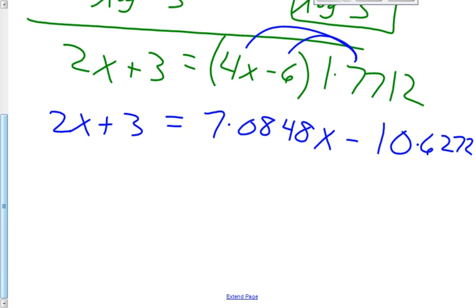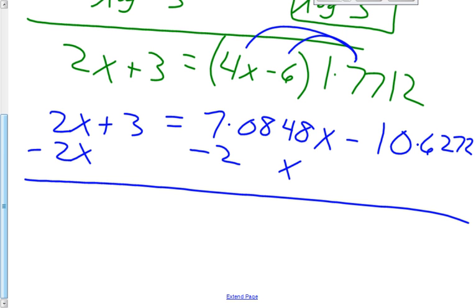Okay, I think I'm going to subtract my x's to get them on the right side again. So I have 7.0848 subtract 2 gives me 5.0848x.